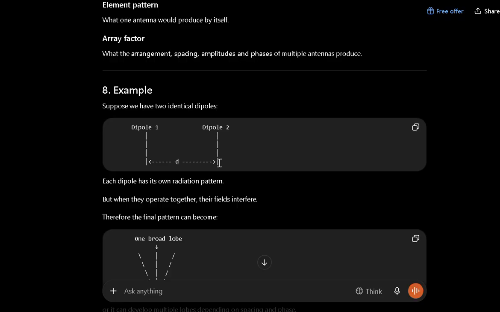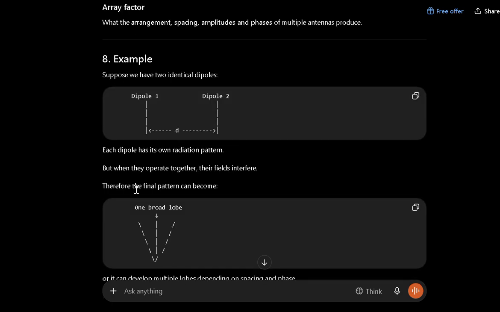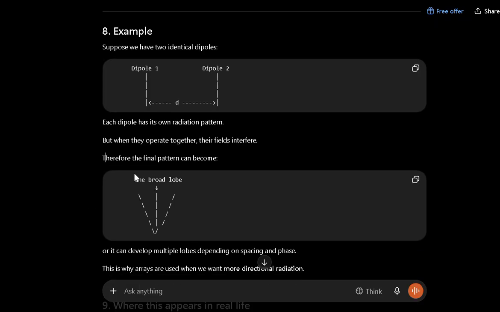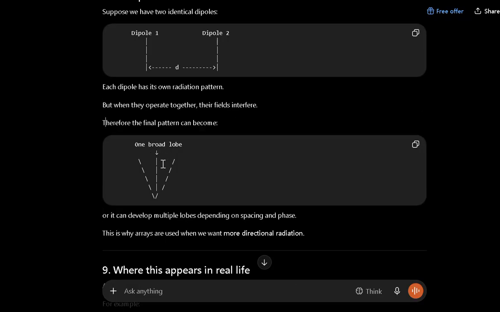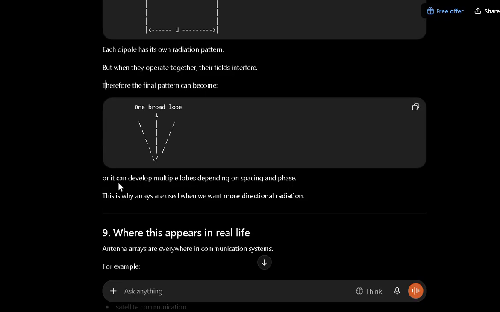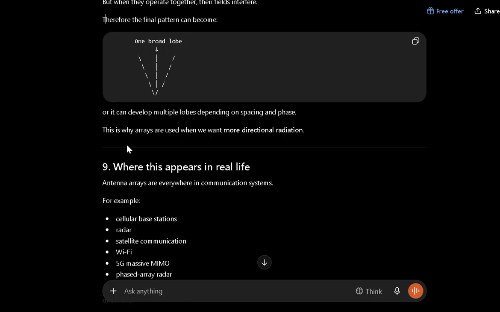The distance between them is d. Each dipole has its own radiation pattern, but when they operate together, their fields interfere. Therefore, the final pattern can become one broad lobe, or it can develop multiple lobes depending on spacing and phase. This is why arrays are used when we want more directional radiation.